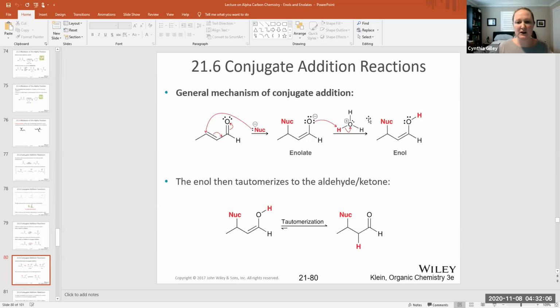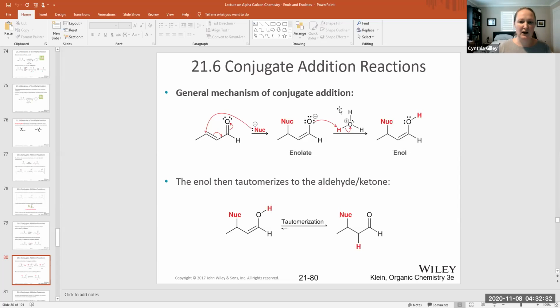When you see this structure, it's much easier to understand why this is called a 1,4 addition. The hydrogen gets added temporarily on the oxygen, and again, that's position 1, and the incoming nucleophile gets added at position 4. So we've done an addition of 2 groups, one at position 1 and one at position 4, hence the term 1,4 addition.